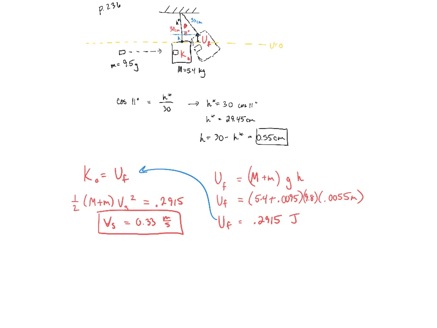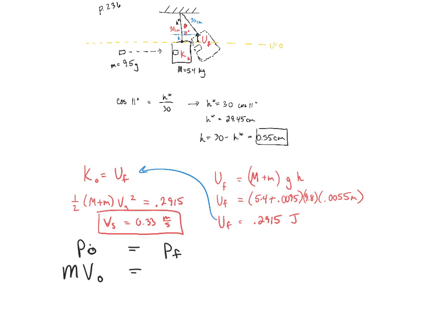Exactly. So we have to recognize that the Vs is not the velocity of the bullet, but it's the velocity of the bullet and the block together right when it embeds itself. But we know that the mass of the bullet times its velocity initially is the momentum of the system initially. And that's going to equal the momentum of the system at the end.